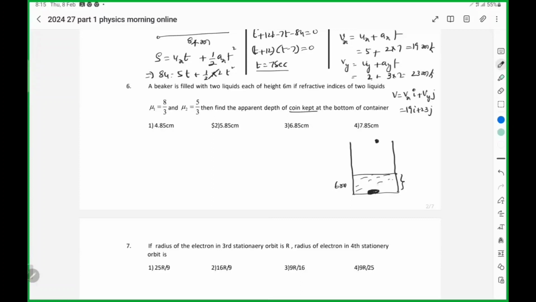In a normal view, when a person observes from the rarer medium, the object appears nearer. This is called apparent depth, not real depth. It appears nearer, that is h by mu. Original height is 6, mu is 8 by 3, so 18 by 8, which is 2.25 meters.